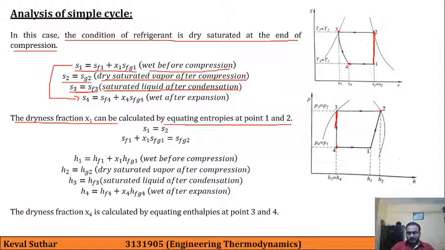Here the enthalpy remains constant, so H3 = H4. Once we equate these, we can obtain the value of X4. So this is the analysis of the simple cycle in which before compression the refrigerant was wet, and at the end of compression it is purely dry.